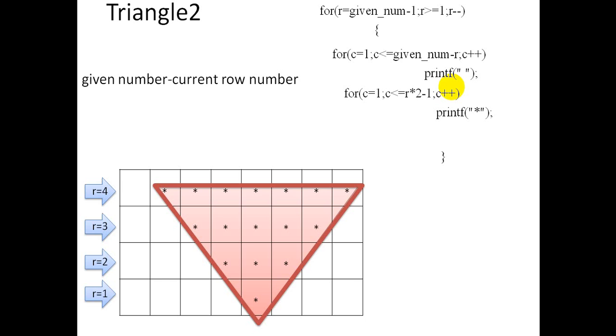After printing these stars, we are going to print a new line after each for loop.